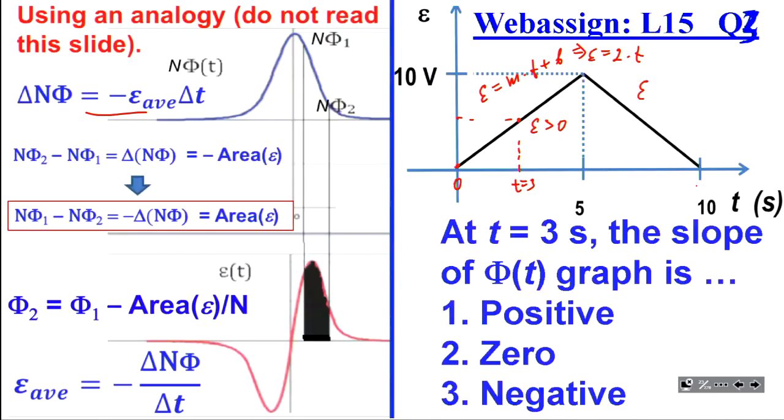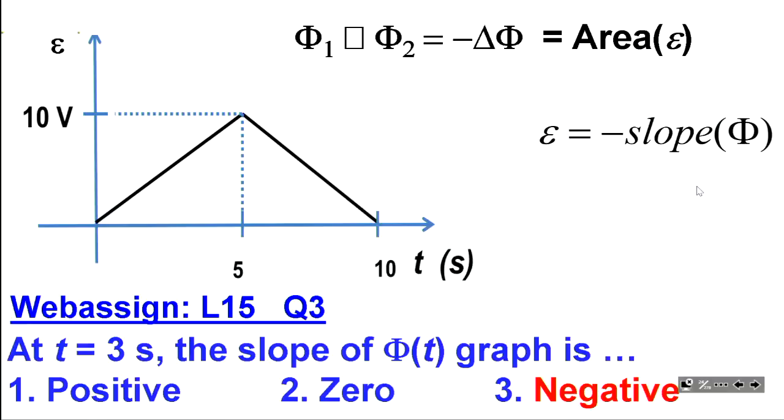Because this is the relationship, which means if you need to calculate slope, that should be -1 times EMF. If EMF is positive, the slope will be negative.